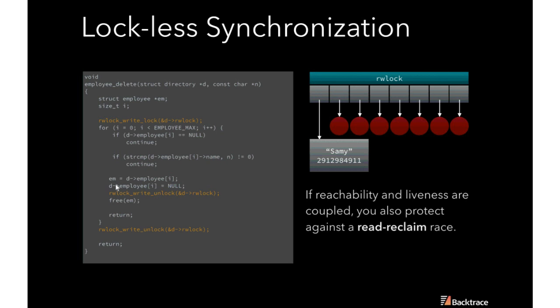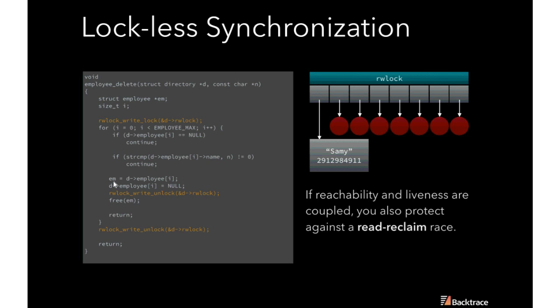We set it to null, make a copy of the reference to that employee object, and release the write lock. At this point, it's guaranteed that any readers that come in will not be able to interact with the object which we just deleted. And due to this guarantee, we can actually just free that region of memory and allow for reclamation to occur.